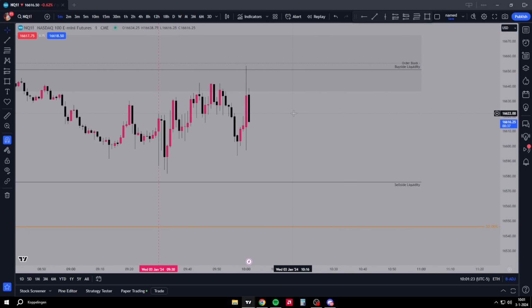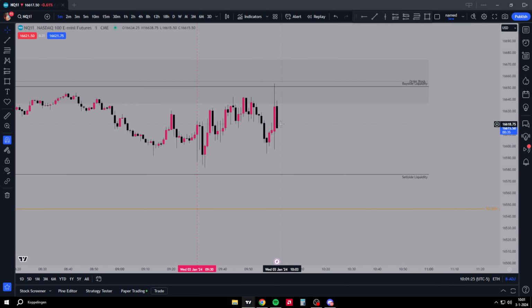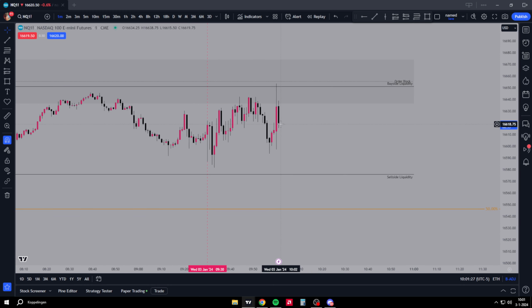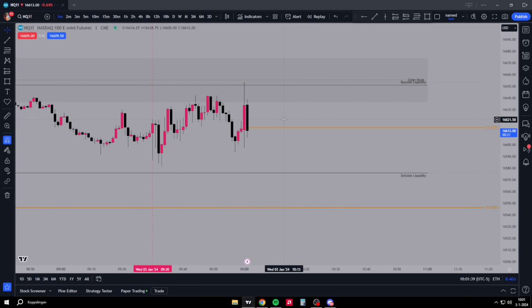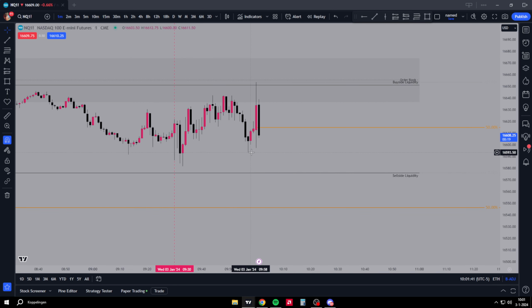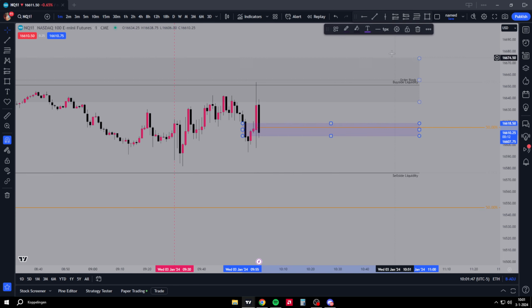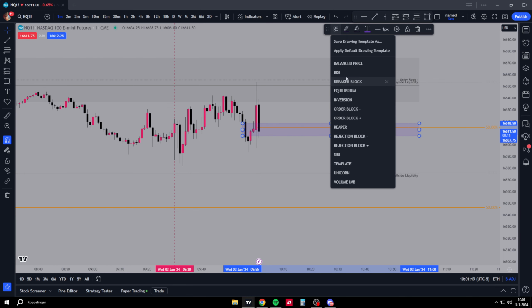Now, alright. We actually have, if we take this low, then we have a Reaper here. If we take it from this here, yeah, it is in discount though. So if we take out this low, then we have a Reaper on this candle here, or is it here?